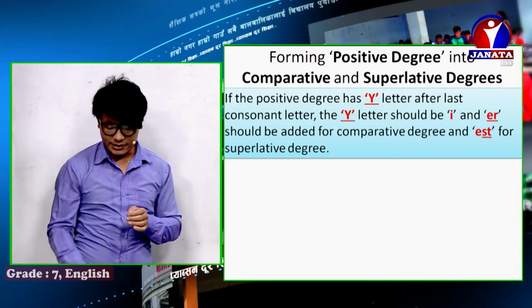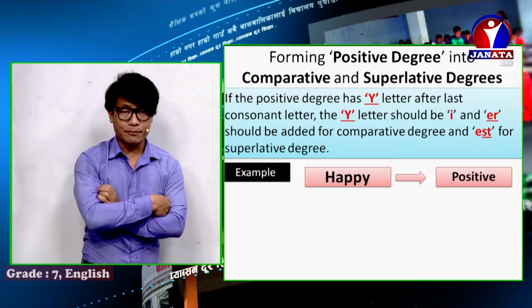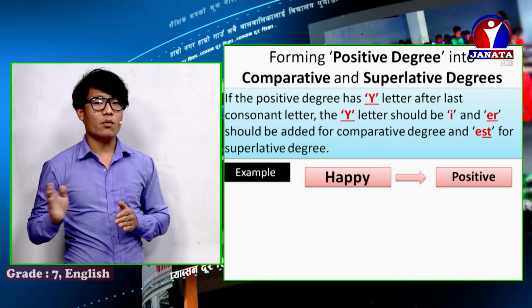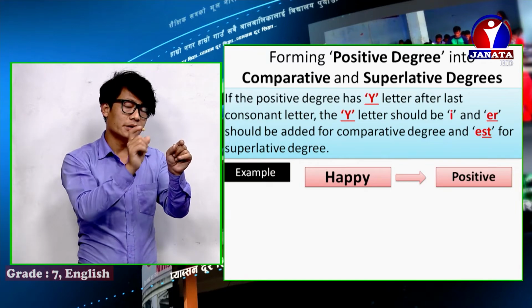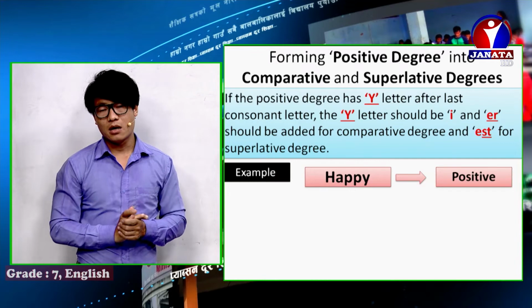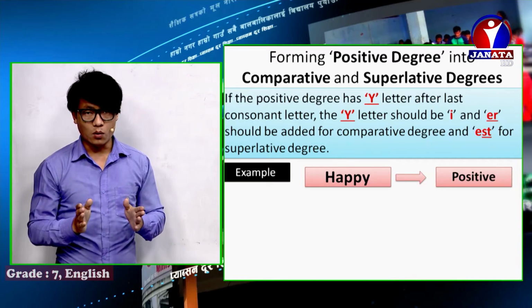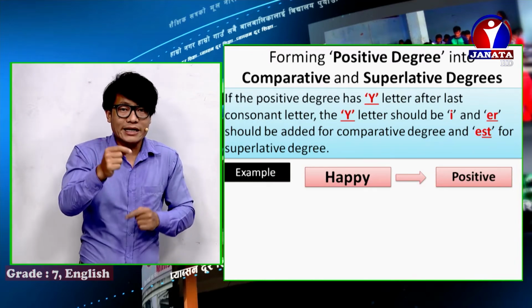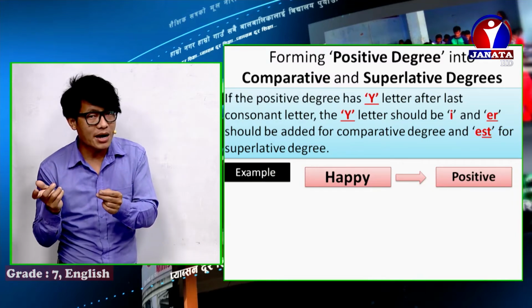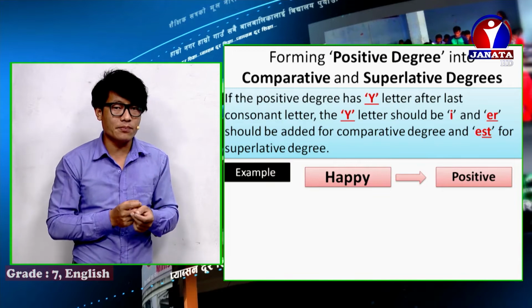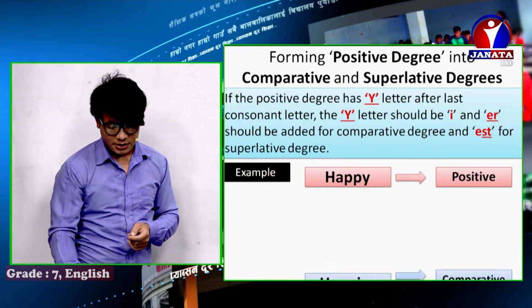Like the example here, happy. H-A-P-P-Y, happy. Y is the last letter, and before Y there is a P, and P is a consonant letter. So we need to change this Y letter into I, and add ER for comparative degree and EST for superlative degree. Let me show you.